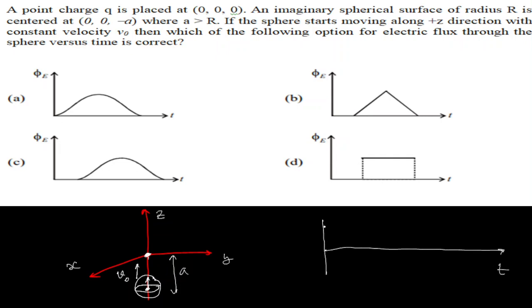So let me write time on the x-axis and flux on the y-axis. Now at t equals 0, when the center of the sphere is at z equals minus a, the flux will be 0.